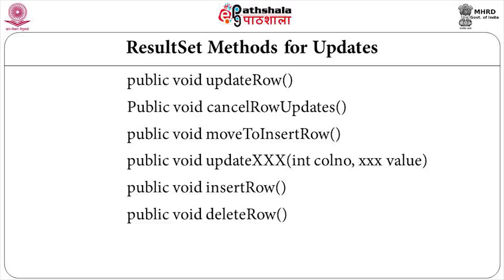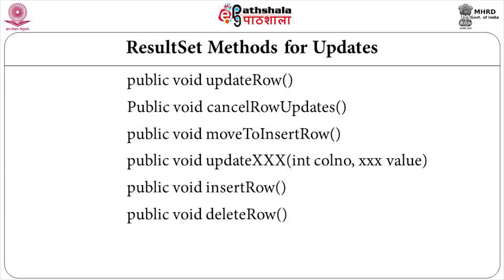Following the convention we had with get xxx methods, where xxx could be any type, here also we have a set of update xxx methods. The update xxx method takes as parameters the column number and the value to be set in that column for the current row. Everything happens only for the current row.